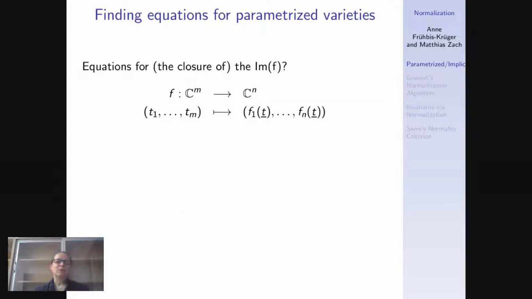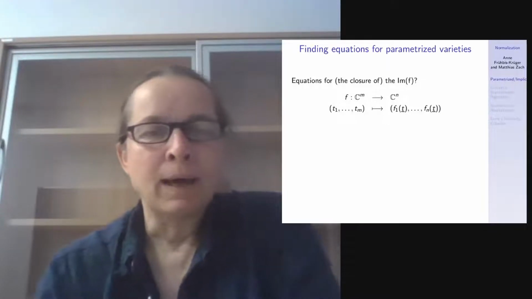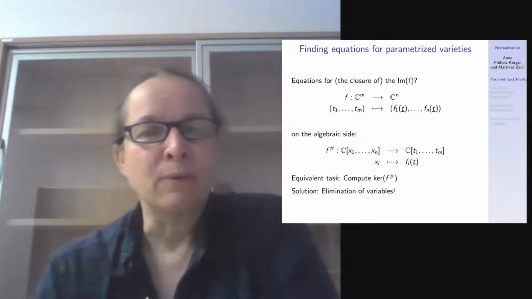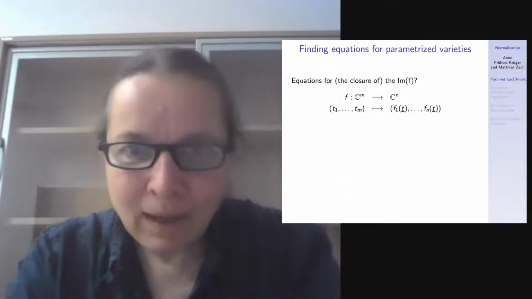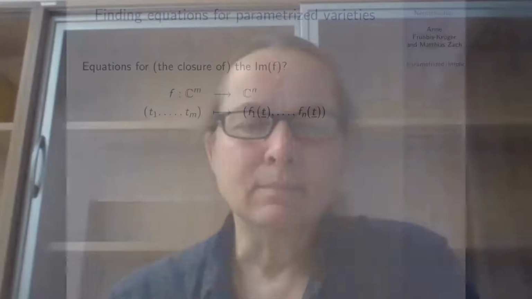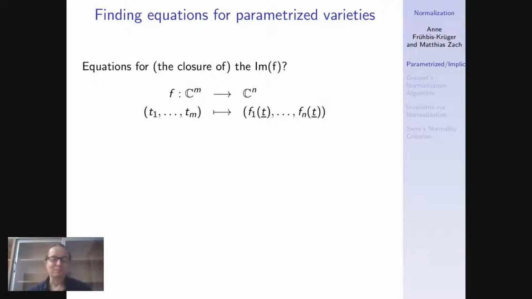So the first question we are dealing with today is, you have a map, say, from C^m to C^n, given by polynomials f1 to fn. And we are asking, what is the image of the map?